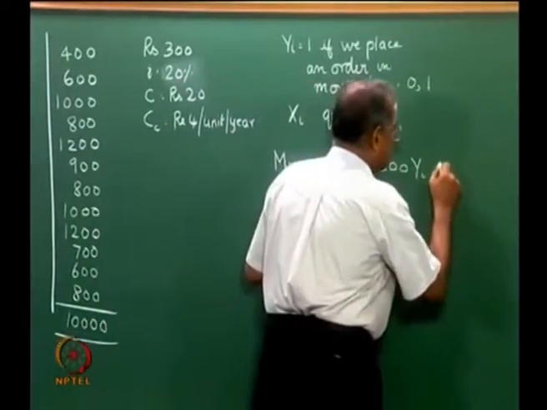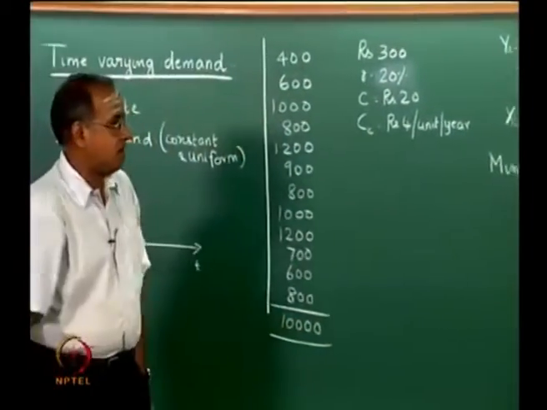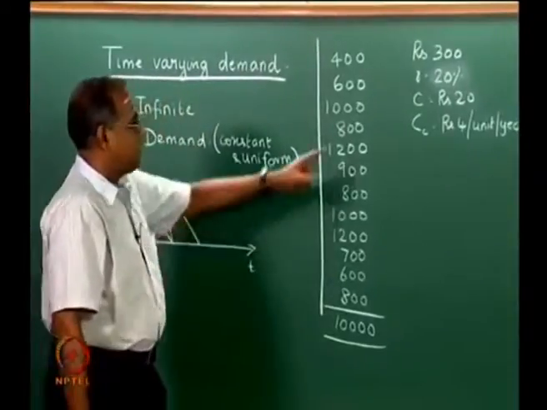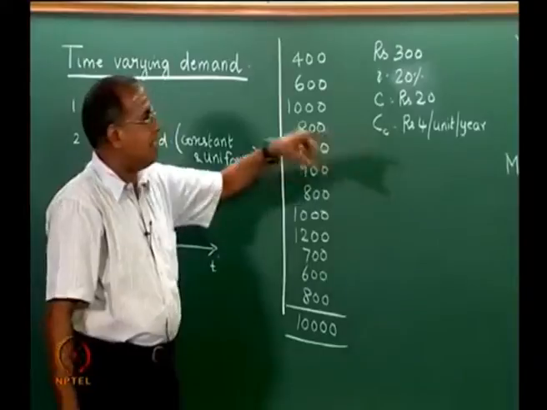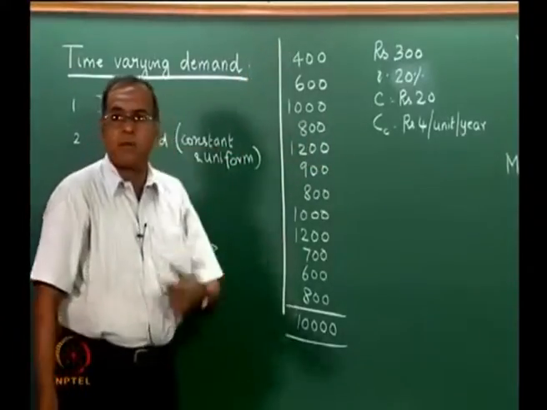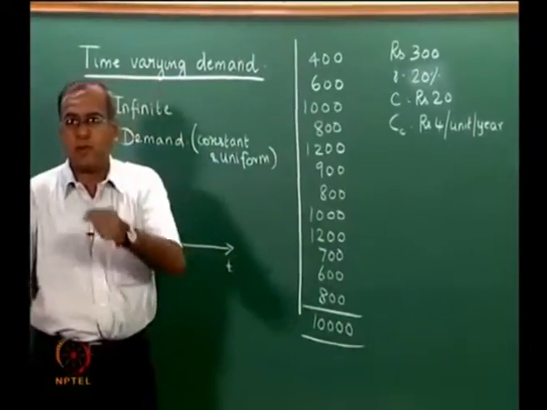Plus we also need to have the inventory holding cost for the items. Now here what we are going to do is, we have calculated that Cc is rupees 4 per unit per year. Our period is a month, so Cc has to be written as so many rupees per unit per month.